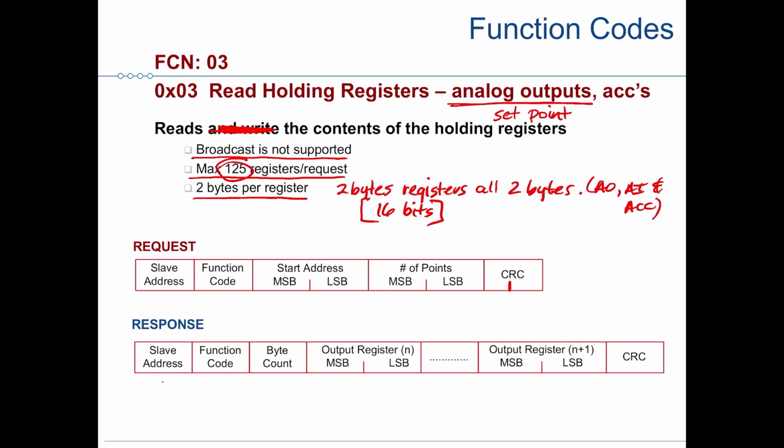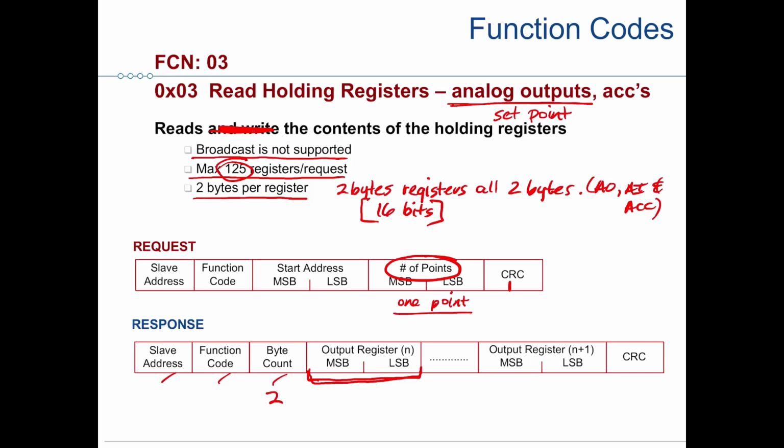Now it's different though when it comes to the response. We have our slave address, our function code, our byte count, but now each register is 2 bytes. So that means even if we were only asked for a single point, let's say the request was requesting 1 point of an analog output, the byte count would be 2. Because each and every point is 2 bytes.